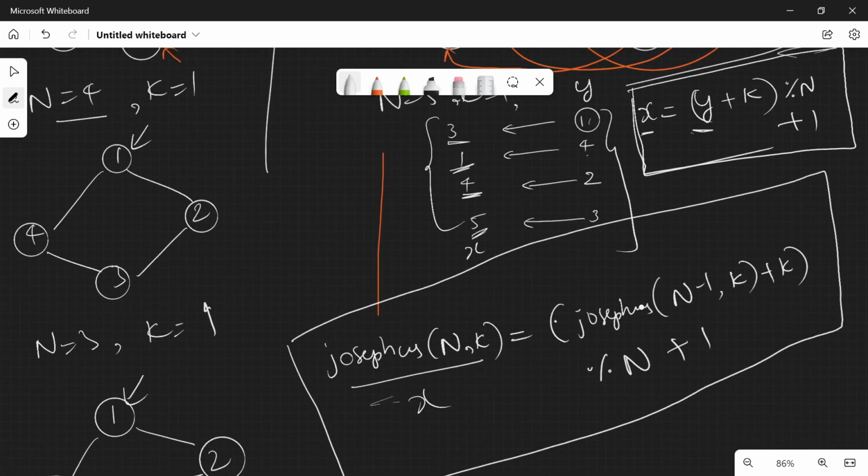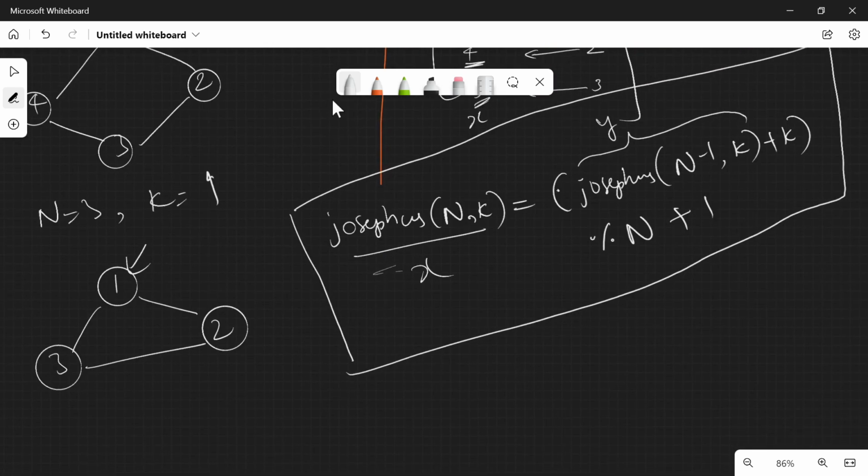This is the actual solution, and this is the assumed one. In order to convert the assumed one into the actual one, we have to use this equation as I have written here. So this is how you solve this problem.